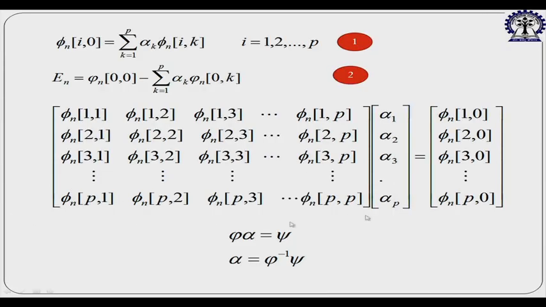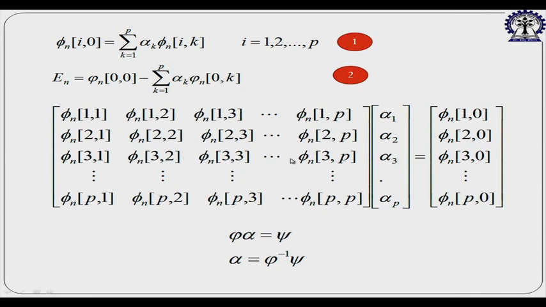Instead of autocorrelation, I can use the covariance method to find out the LPC coefficients. What we want is the same thing, the solution of this matrix. This we have already derived.